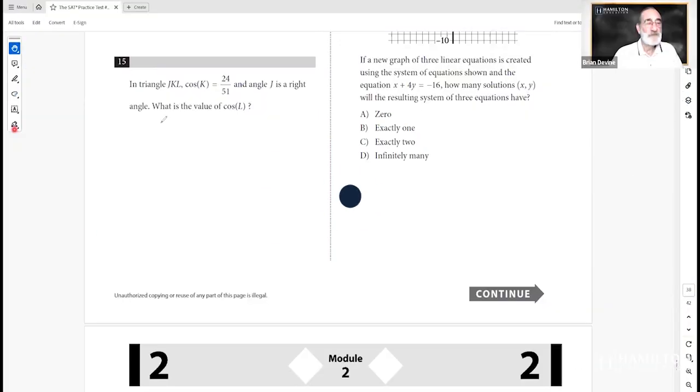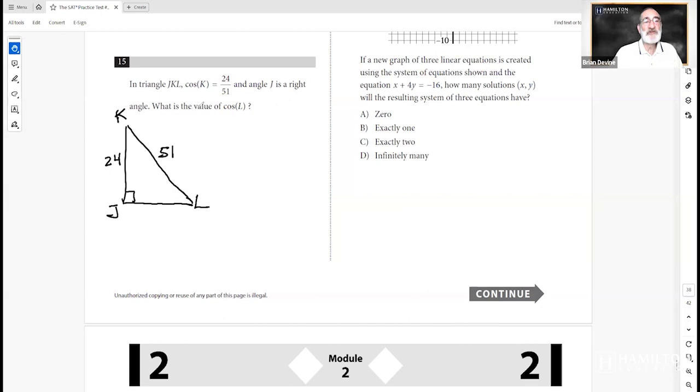Number 15. In triangle JKL, J is the right angle. So let's draw a triangle. Here's J, here's K, here's L, here's the right angle. The cosine of K, so adjacent over hypotenuse, would be 24 over 51.